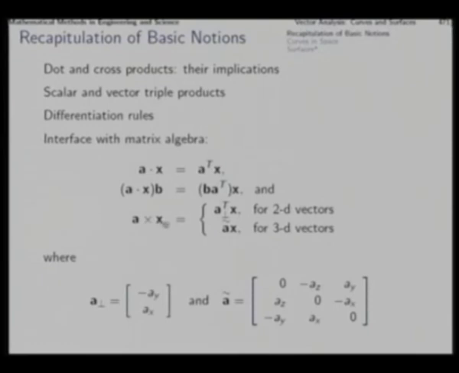Another important interfacing between the vector algebra and matrix algebra is in the matter of the cross product. A cross product, unlike the dot or inner product, is very special to 3-dimensional vectors.